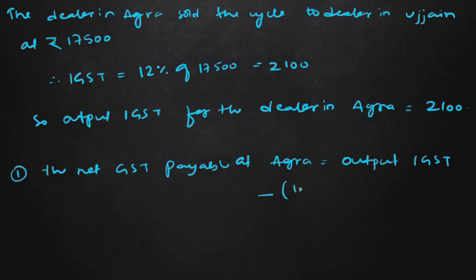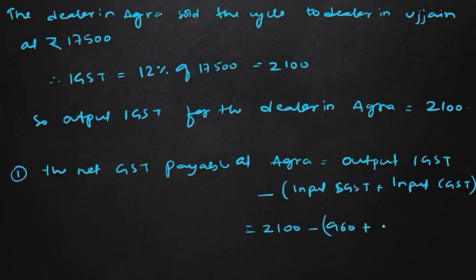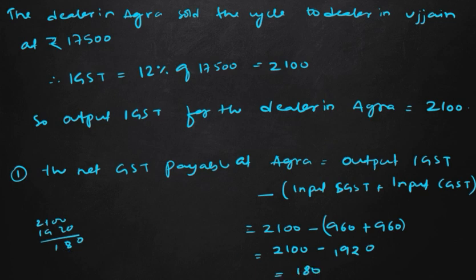So this will be 2100 minus (input SGST 960 plus 960). If we solve this, we will get 2100 minus 1920, which is 180. So this is the amount of GST payable at Agra.